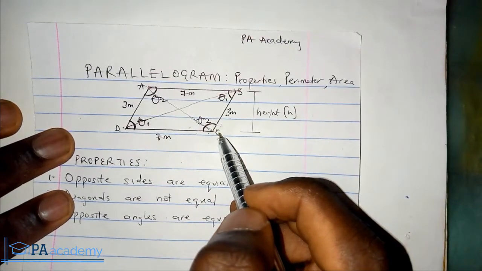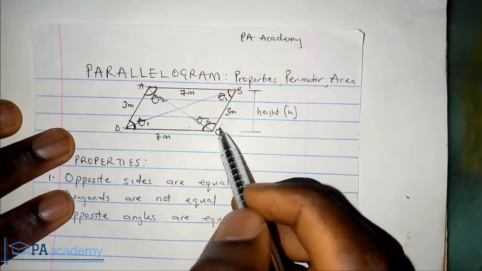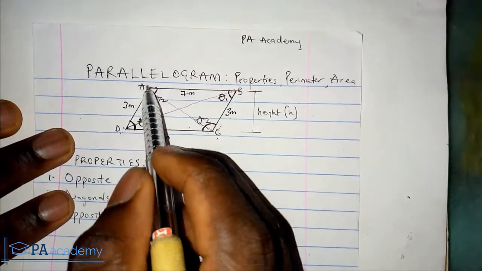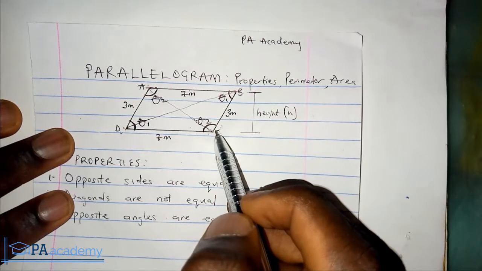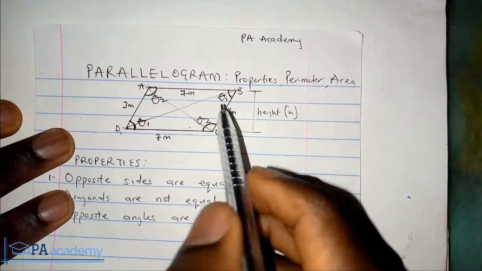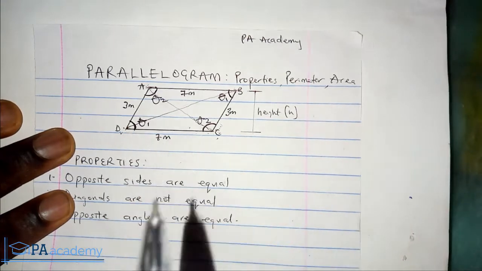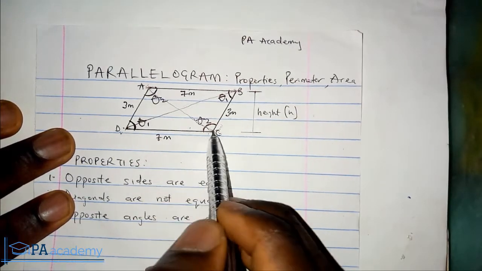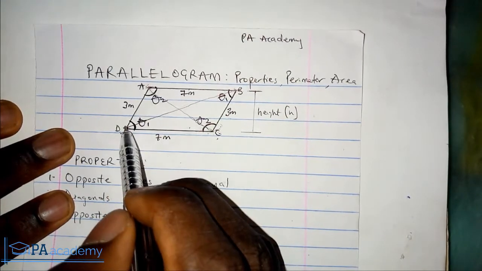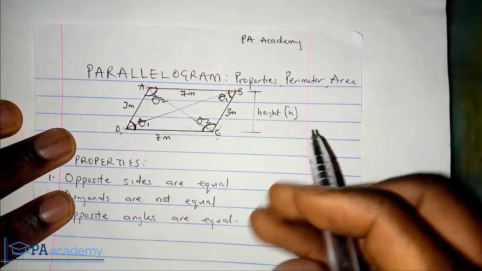BC is not the height. Take note of it. AD and BC are equal, they are the same length, but that's not the height. So don't make the mistake of multiplying this base by this slant line as the height. No. This is the height.